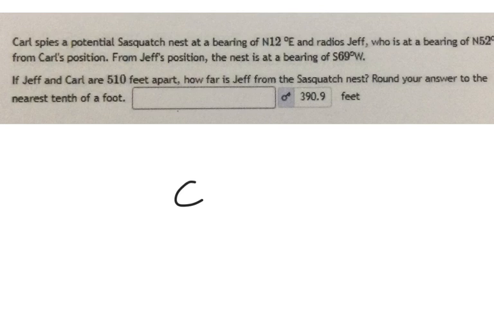So somewhere here is Sasquatch, S. Okay. And this is 12 degrees north of east. Radio's Jeff, who is 52. Oh, I did that backwards. I'll get there. Give me just a second.